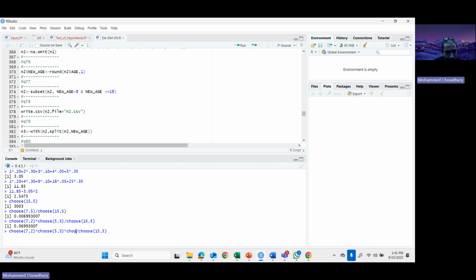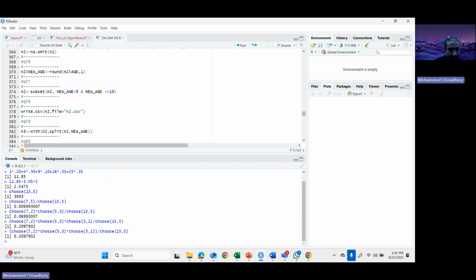And then 3 choose 1. If you want, you can give another bracket, but I think it doesn't matter because I put the division part all the way to the bottom. It's still the same.